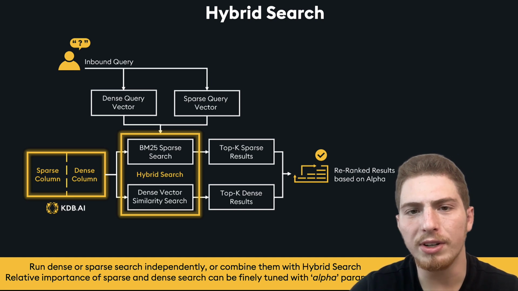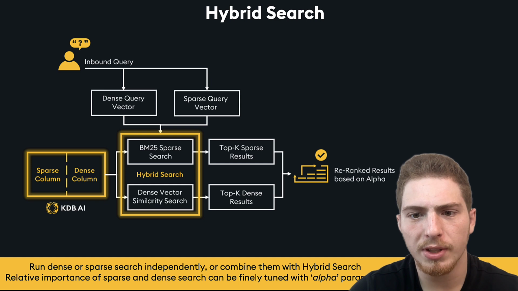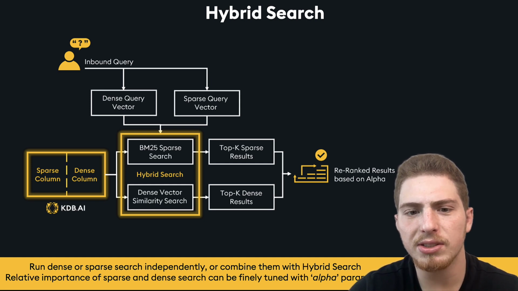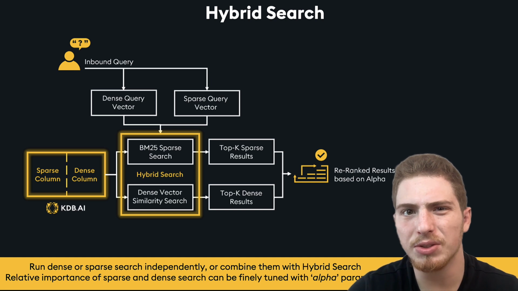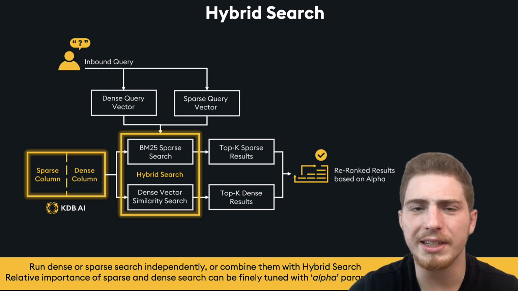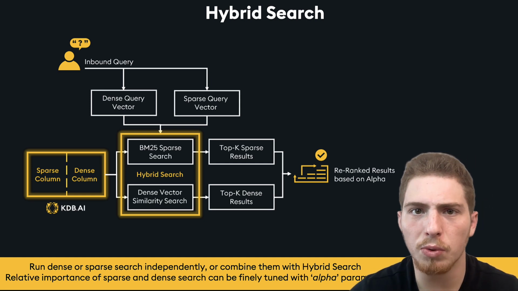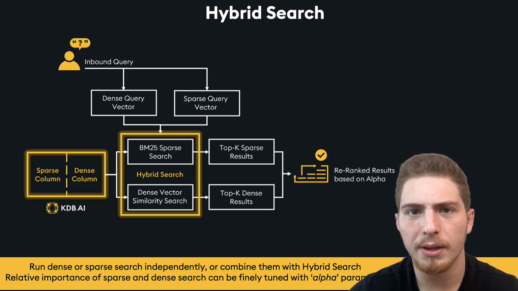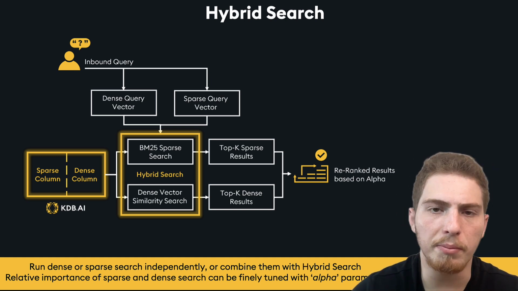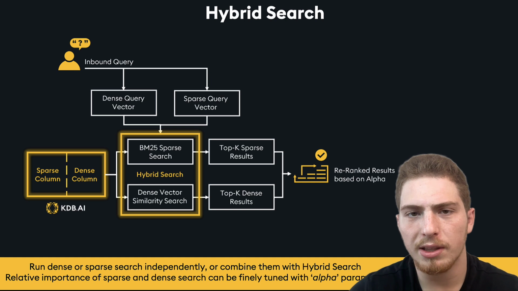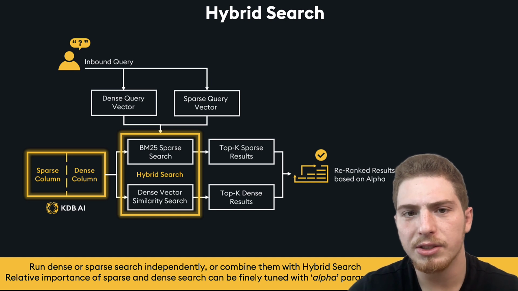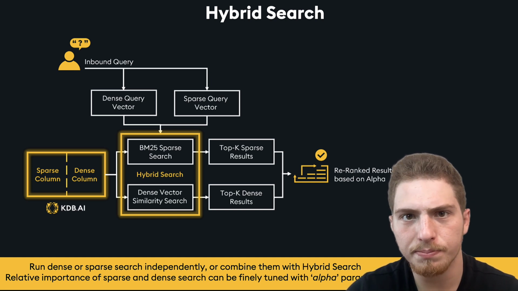For example, one disadvantage of hybrid search is that it uses this alpha parameter and it kind of mixes sparse results and dense results in a way where the ordering often gets messed up, because things that have a very high keyword score but a low semantic score would be rated worse than things with a medium keyword score and medium semantic score. And this is often not the best way to compare results.